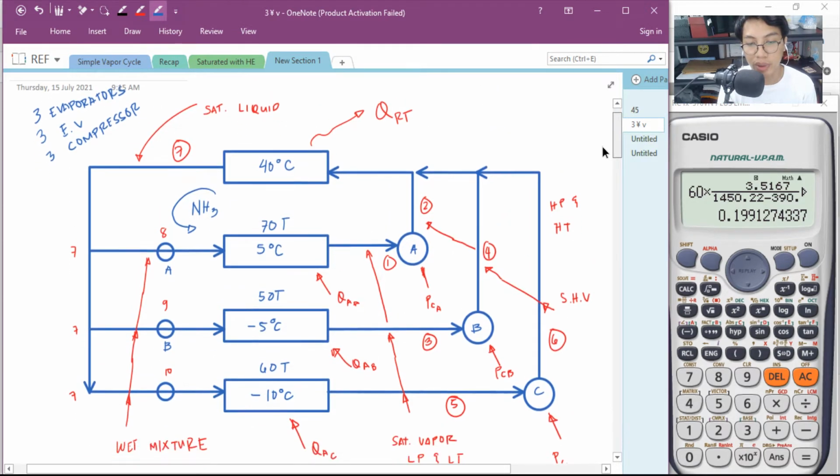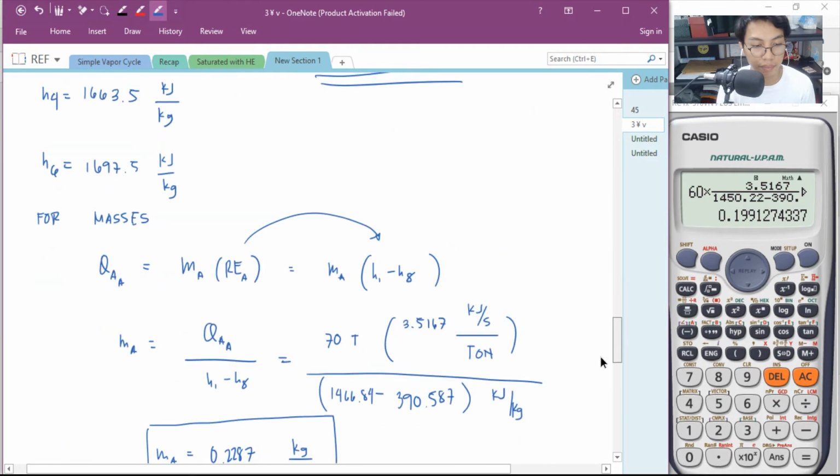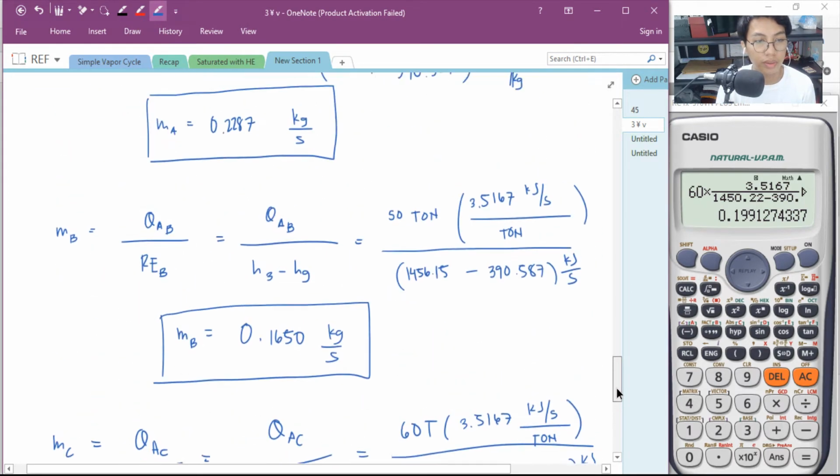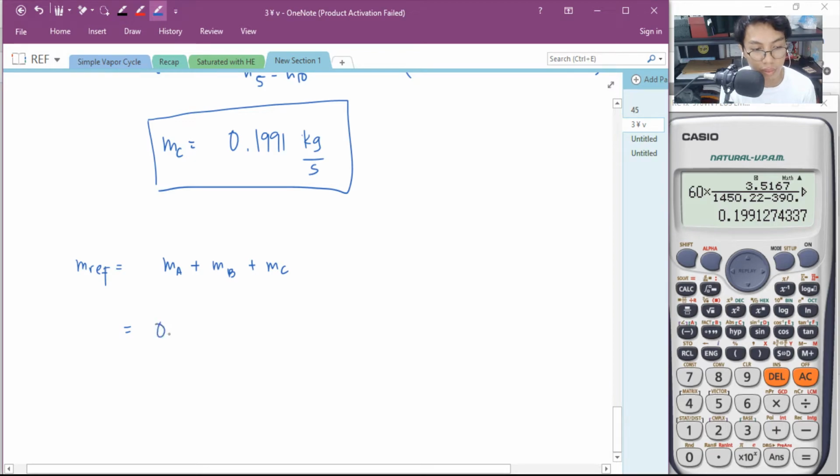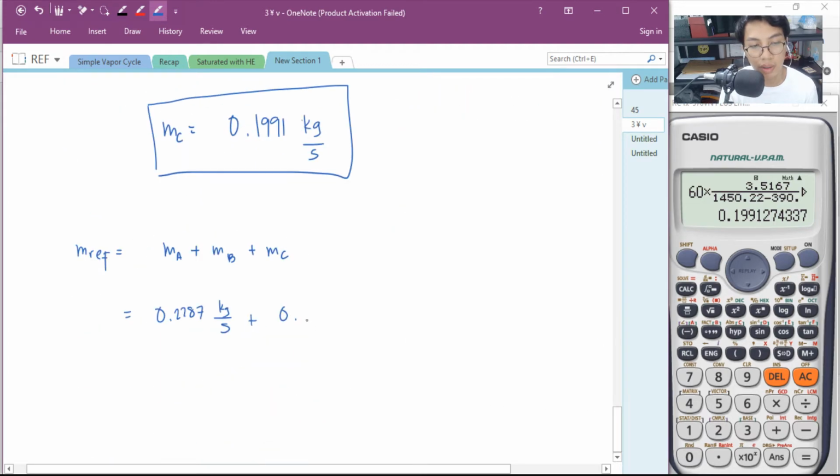At isang point, magmi-mix up silang lahat. So, 0.2287 kilogram in every second plus 0.1650 kilogram in every second plus 0.1991 kilogram in every second.